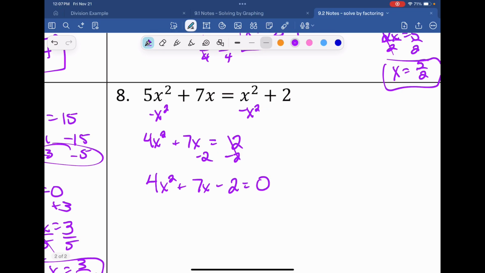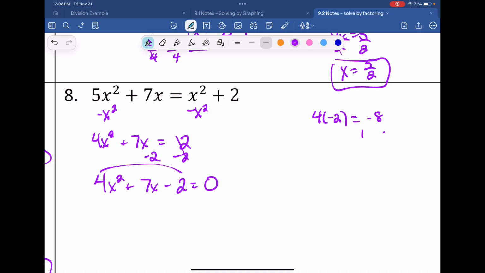And multiply 4 by negative 2. Factor pairs. So because of the 4, we know it has to multiply to AC, in this case negative 8, but add to positive 7. And the way that happens is if the little guy is the one that's negative.